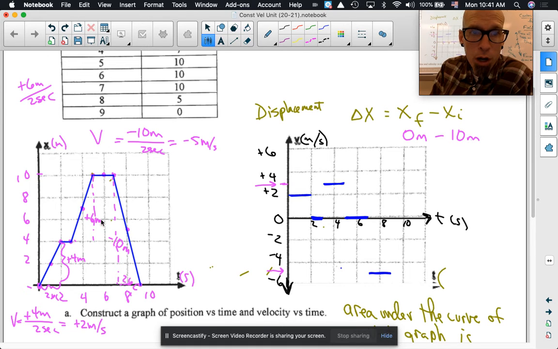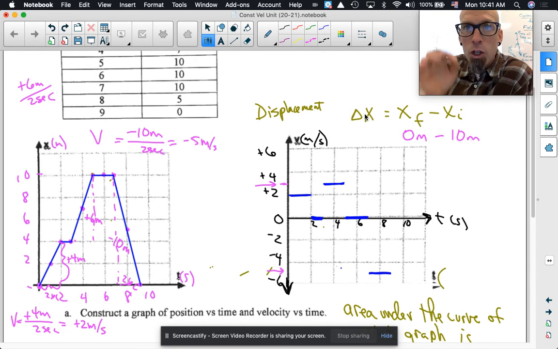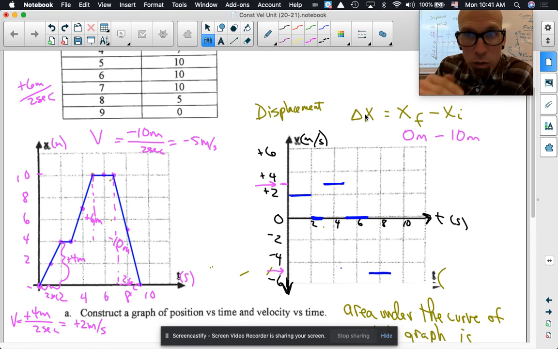During the third part? Positive 6. During the last part, the fifth part? Negative 10 meters. We found each of those delta x's to find our velocity, our delta x over delta t. So all that's being asked for is, what is your delta x? What is your change in position, or your displacement, we call it.